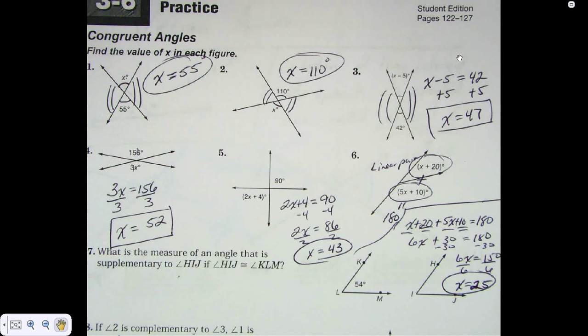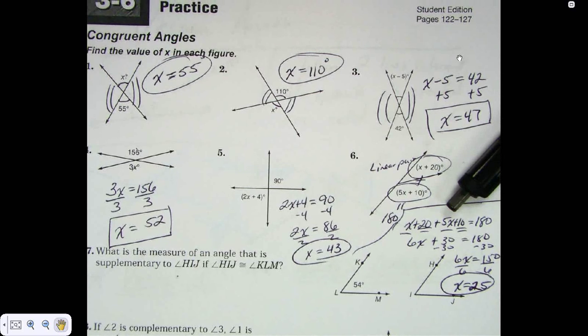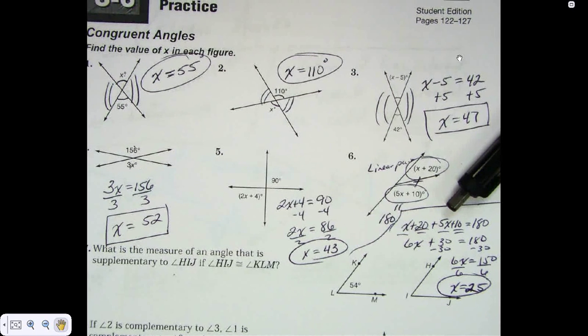Now write those down. Then when you're done with that, we're going to look at some of the theorems. We're not going to write them down. We're going to look at them.